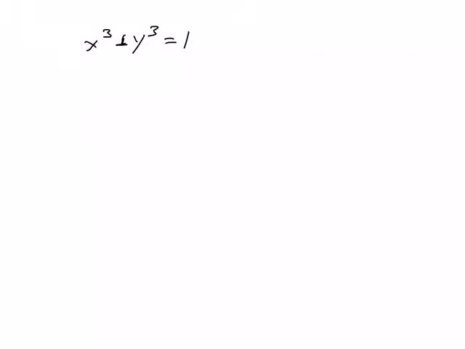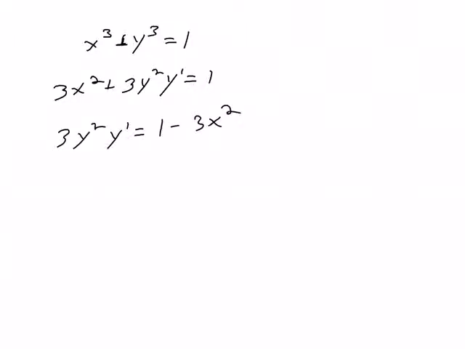So this is just going to be 3x squared plus 3y squared y prime is equal to 0, or 3y squared y prime is equal to negative 3x squared. And then you just divide by 3y squared. Sorry, this should be a 0, and so there's a 0 here, and so you just get a negative over there. Okay, next problem is problem 6.